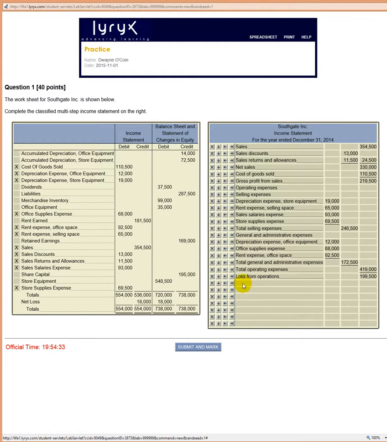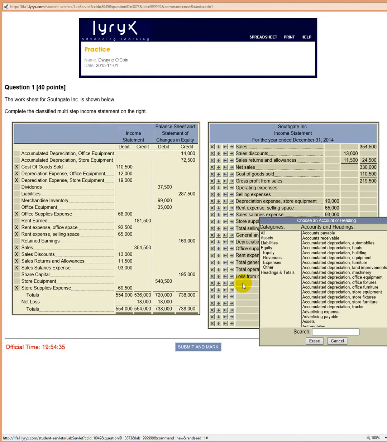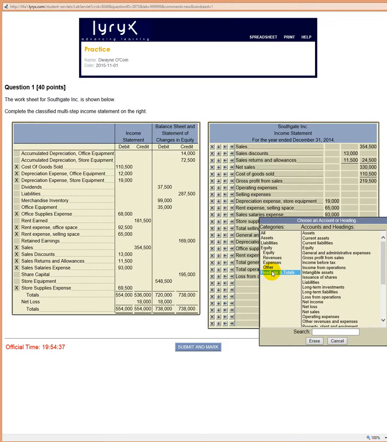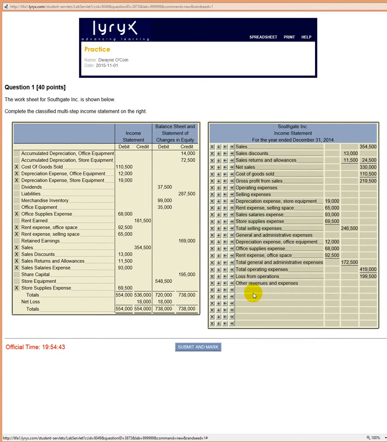Okay, then from there we have other expenses and revenues. So let's try that. There we go, other revenues and expenses right there. And that will include rent earned for $181,500. And we had interest expense before, but it doesn't look like we've got any interest expense.